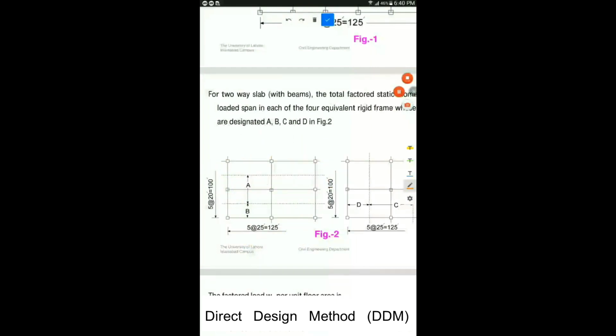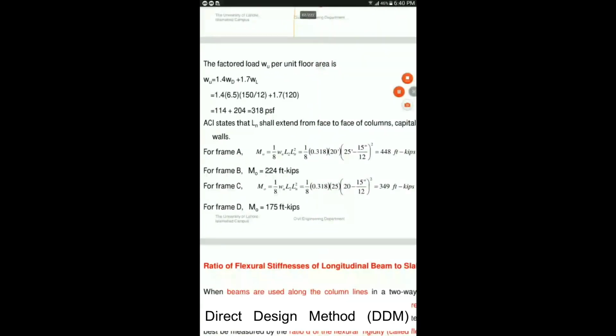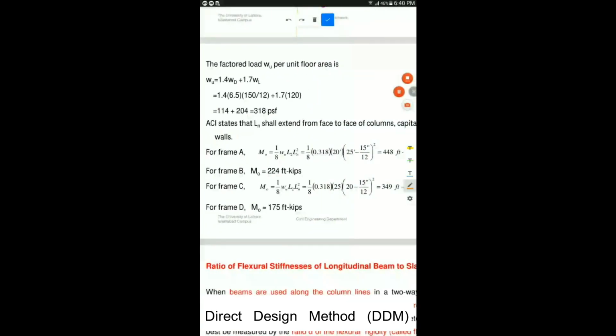Now let us see how this has been calculated. The value of L2 is taken as 20 feet, and for calculating the value of Ln, 25 feet minus 15 by 12, because I told you we have to subtract half column dimensions.